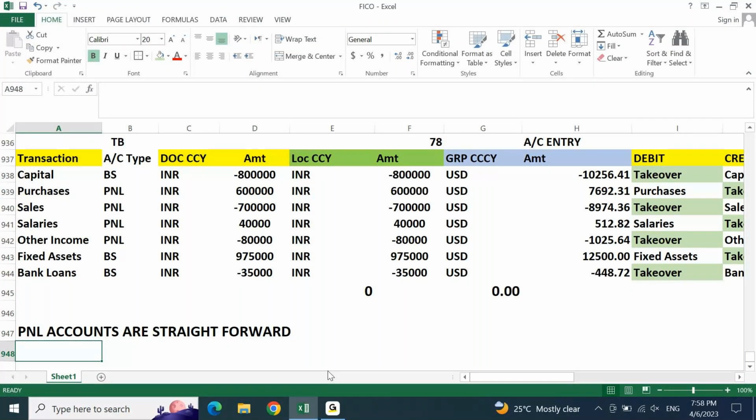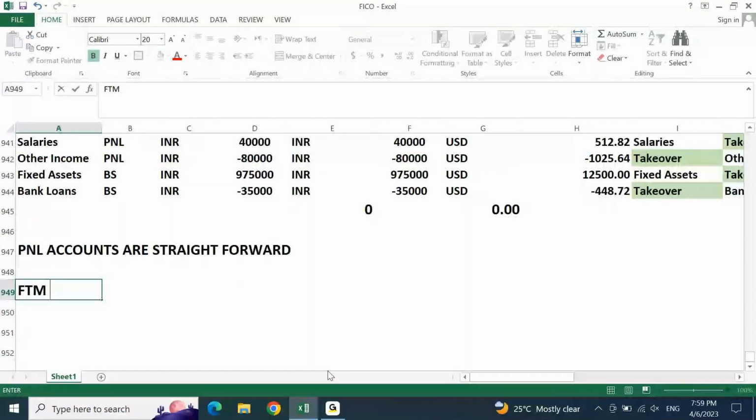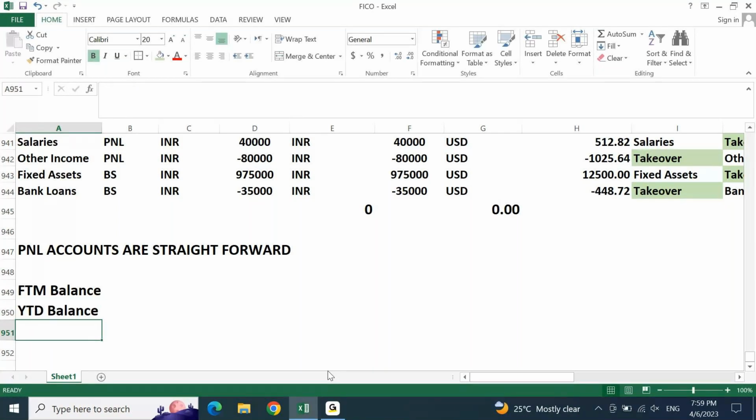Now you have two types of balances. One is FTM balance, the other one is YTD balance. What is FTM balance?